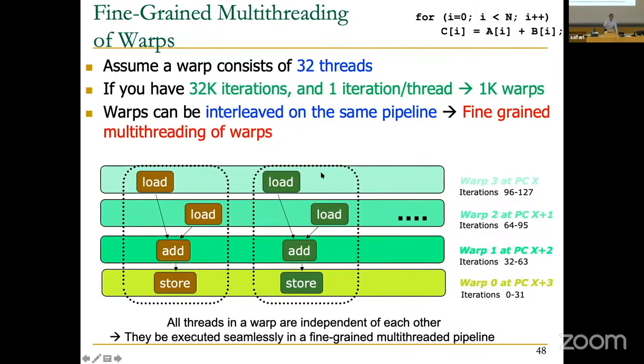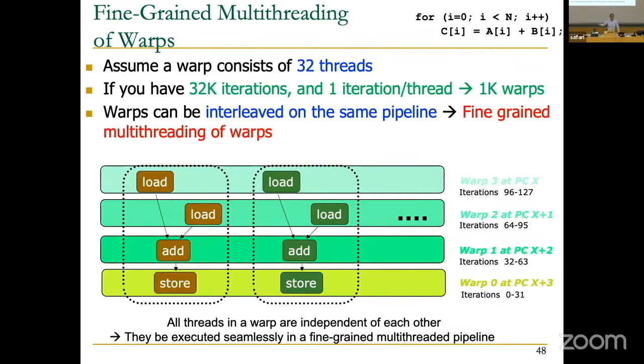Once it's done, it gets refreshed and executes program counter X plus 1, because the PC was incremented to the next instruction for the same 32 iterations. So warp 0 is always executing iterations 0 through 31, but it gets into the pipeline once in a while so that it can execute different instructions.